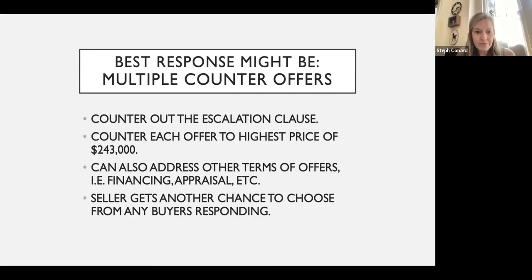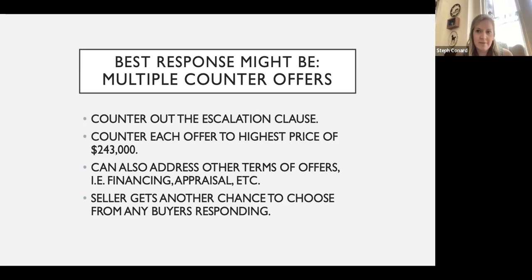If you do it, the fear has always been that if you do a multiple counter, the other party then has the opportunity to walk away from it altogether. It's just having that confidence in the market that they're not going to.